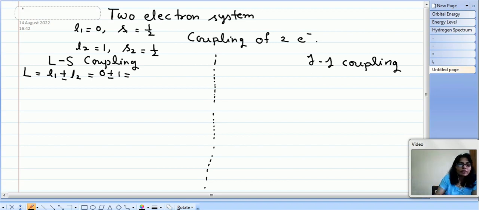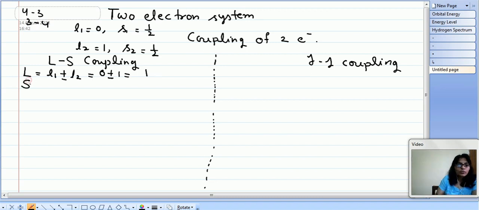Means if I write 4 minus 3 or 3 minus 4, it will give the same value. It means we will always subtract the lower value from the higher, whatever is written. So 0 plus minus 1 is the same as 1 plus minus 0. So the value will be 1 plus 0 and 1 minus 0. 1 plus 0 means 1 and 1 minus 0 is again 1. So we have only a single value of capital L, which is 1.